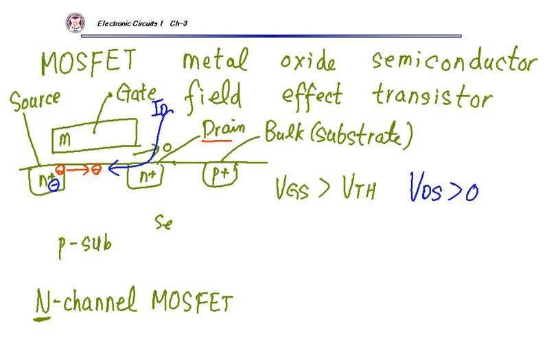Yeah, this is a P-type. So those drain bulk junction and source bulk junction must always be reverse biased, right? Those must be reverse biased.